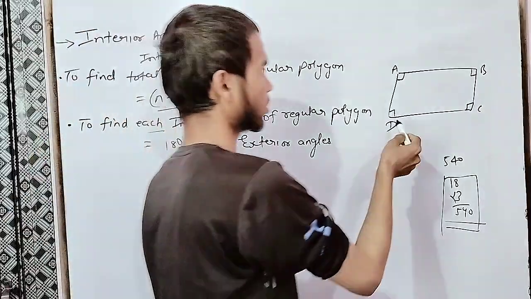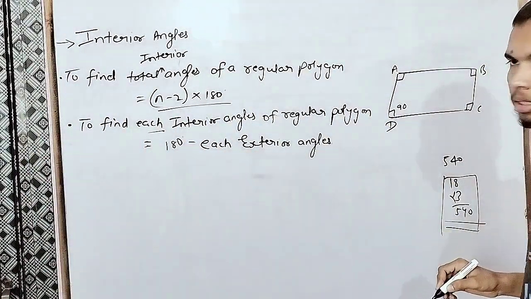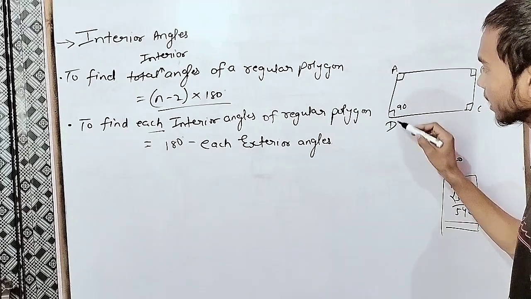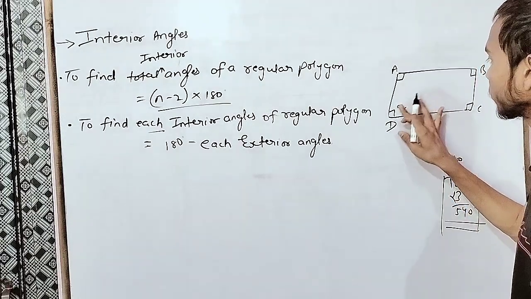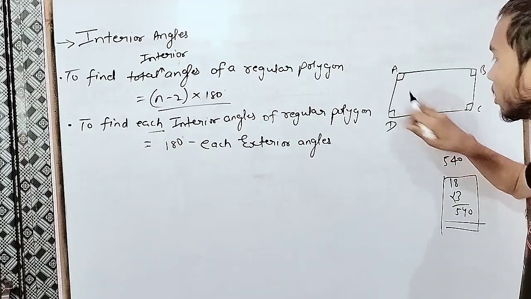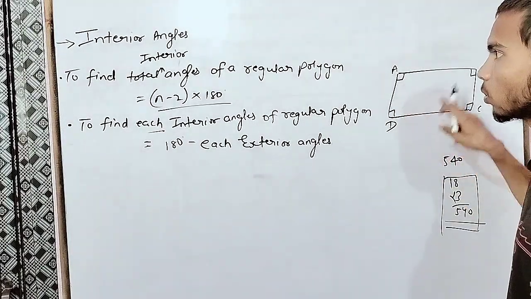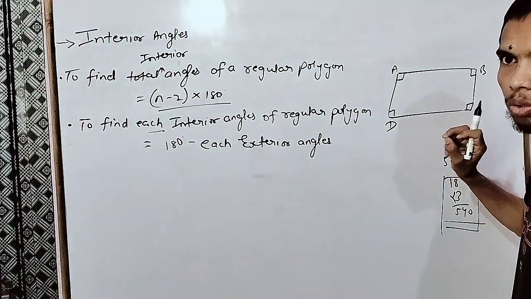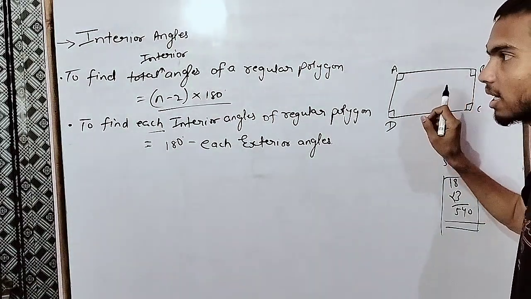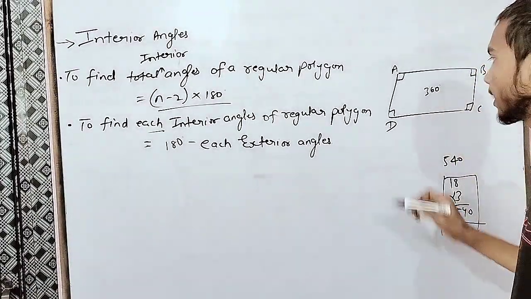Let's suppose this is 90 degrees. We have to find this. We know that the total value of these four angles is 360 degrees.